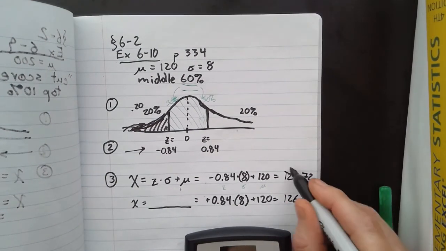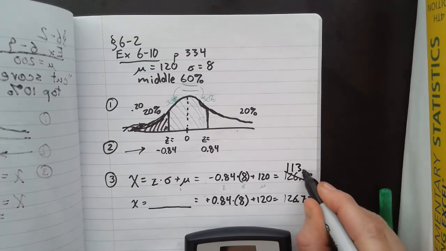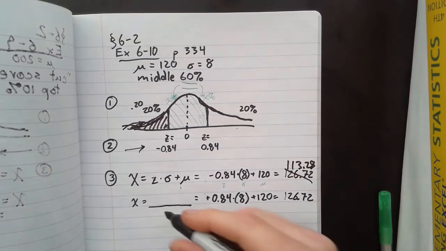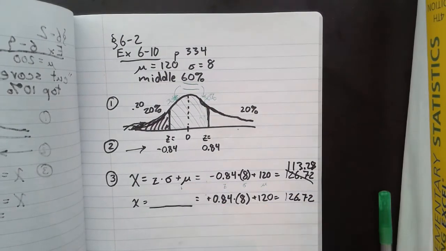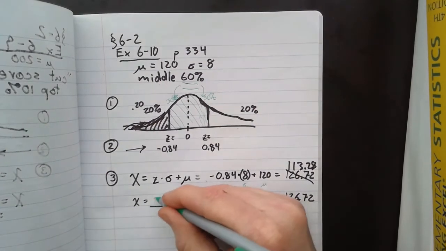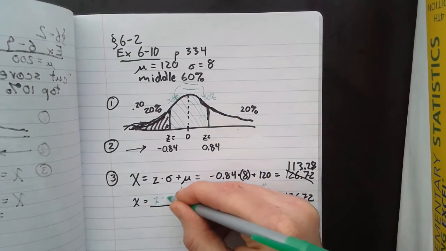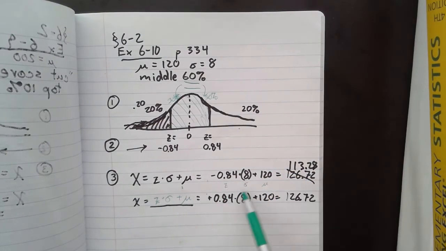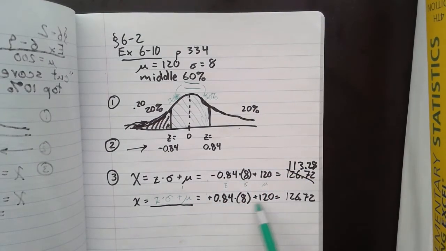I just did this one, and this one was 113.28. And here in the blank, I just gave you another opportunity to write z times sigma plus mu. And here, z, sigma, mu. And then we did it again, replacing z with 0.84, sigma here, 8 plus 120.